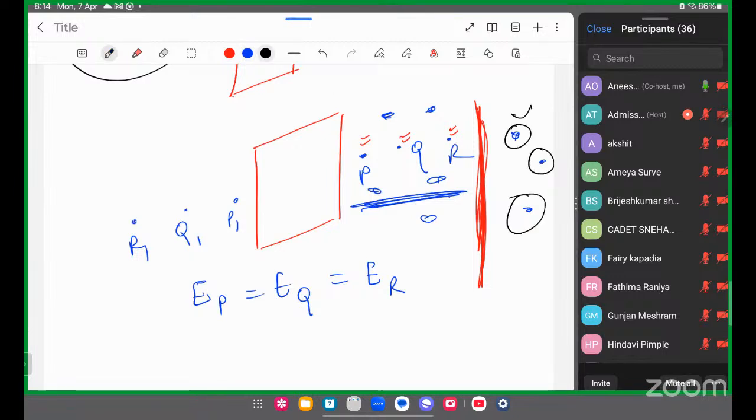At this point it will be different, at this point it will be different. But within the same range, the value of E at all points will be the same. It is independent of distance up to a limited distance, but after that distance, it will start changing. Understood or any doubt?